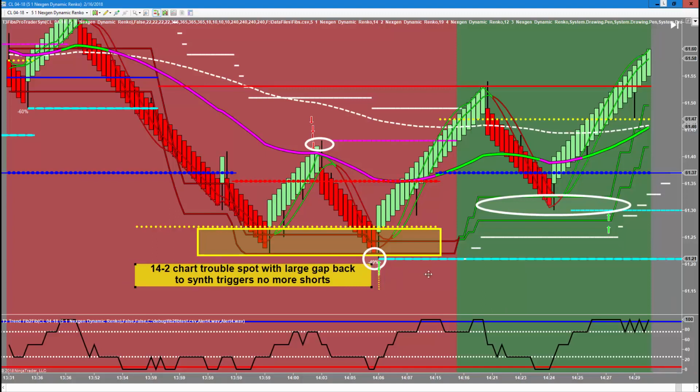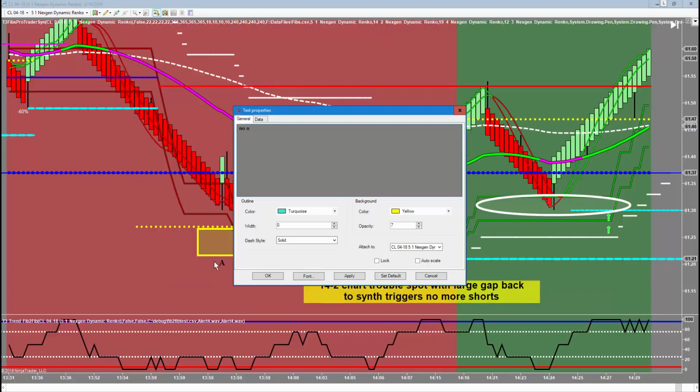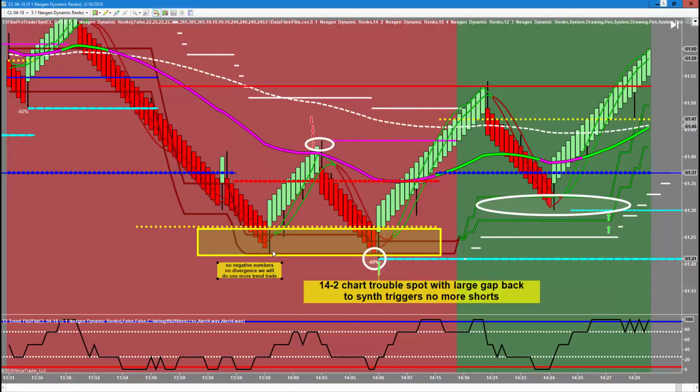Again, I want you to think about something. On the first pivot down here, no negative numbers, no divergence. So this is the read over here on this first pivot. Everything's going down, no divergence, no negative numbers, no good reasons to not take one more short.